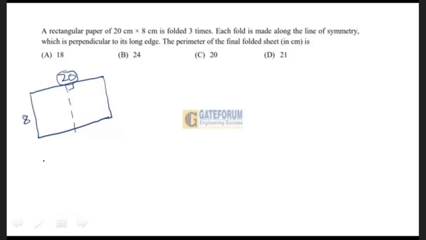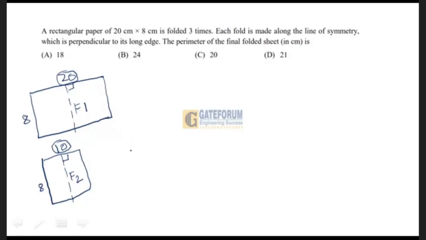So the result would be this, whose this is 8 and this is 10. So this is fold 1. Now I am going to make another fold, and this time also the longer edge is this. So perpendicular to its longer edge. This is fold 2.